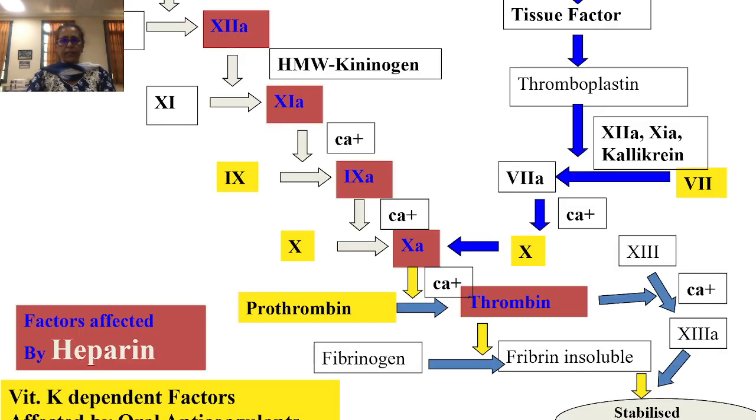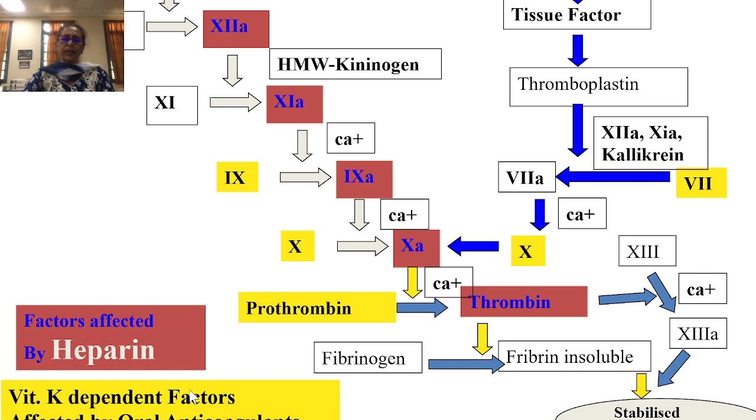As I have already told you, the coagulation pathway has two phases, that is the intrinsic and the extrinsic pathway. Now these are the sequence of the various coagulation factors, how they are activated, and both these pathways ultimately convert prothrombin to thrombin. Now the factors which are affected by heparin are factor 12A, 11A, 9A, 10A and then thrombin.